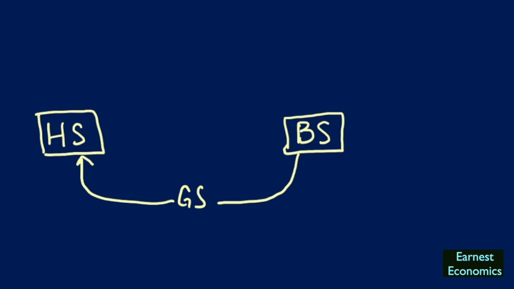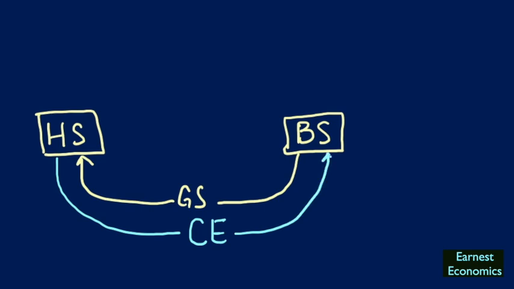Now on the other hand, the household sector gets these goods and services when they make payments, when they make expenditure. So there is consumption expenditure on part of the household sector, and through that money flows to the business sector or the productive sector. So these are the two dimensions of the transaction that we have earlier talked about.